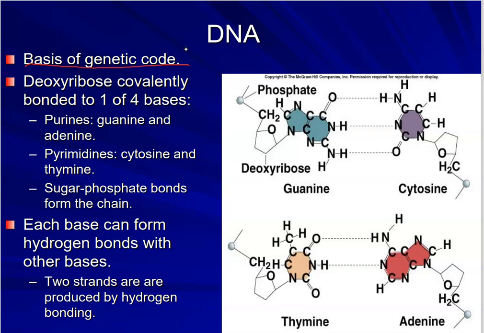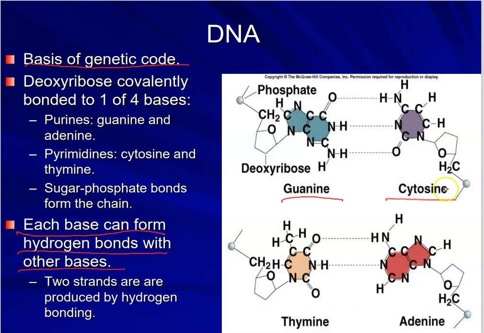And of course, you already know that the deoxyribose is covalently bonded to one of 4 bases. So we have the adenine, guanine, cytosine, and thymine, the purines and the pyrimidines that are listed right here. And then each one of these bases can form hydrogen bonds with other bases, but there are base pairing rules.